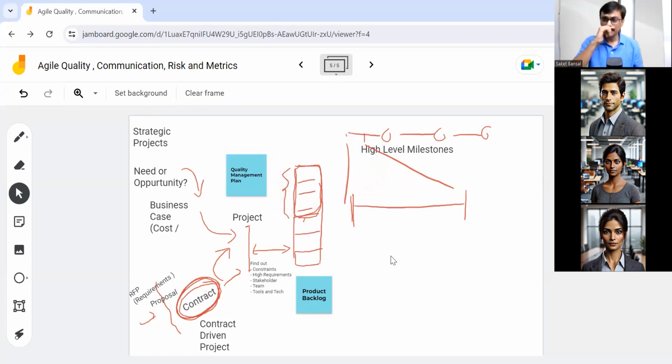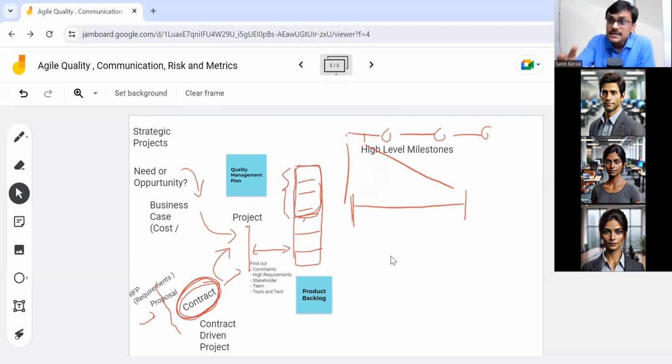Now, somebody will say, what does it contain? So say the project is a temporary endeavor. You will finish a deliverable and release it, and the team will close and you will disperse people. But the product which you have created will live for long. It will live even after the project gets closed.